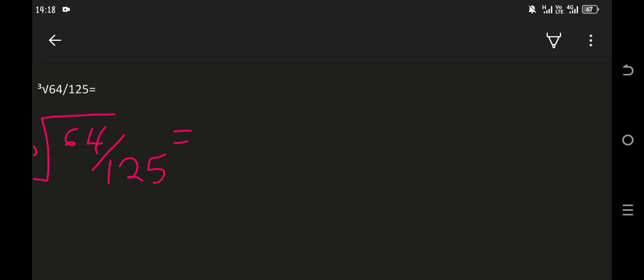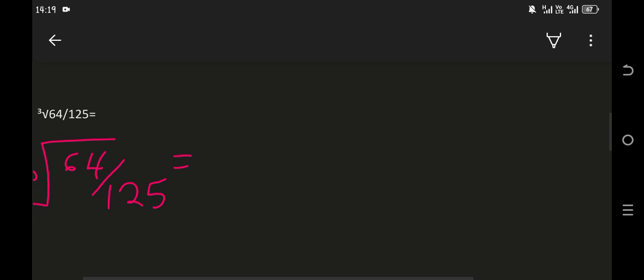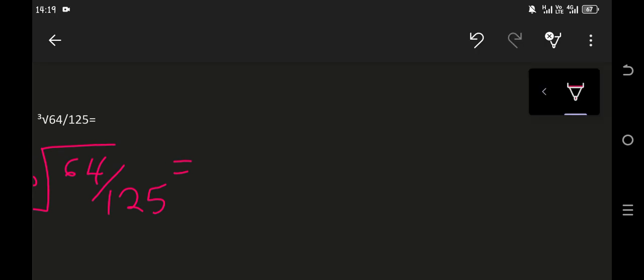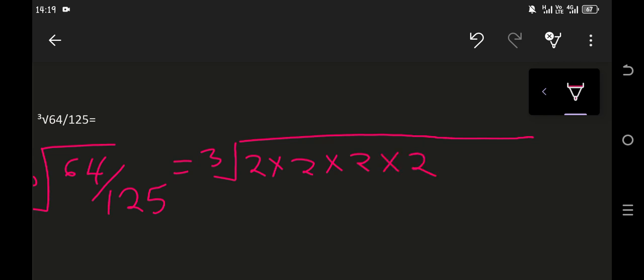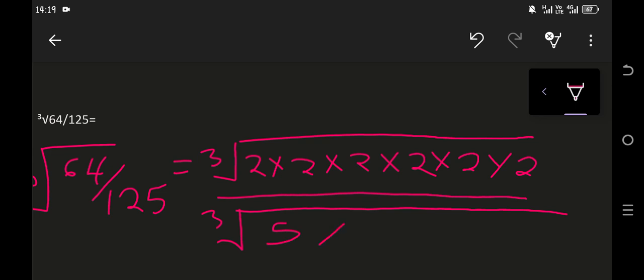The factors of 64 will have 2 times 2 times 2 times 2 times 2 times 2, and the factors of 125 will have 5 times 5 times 5.